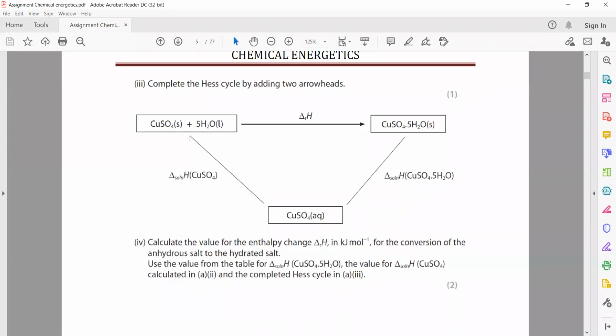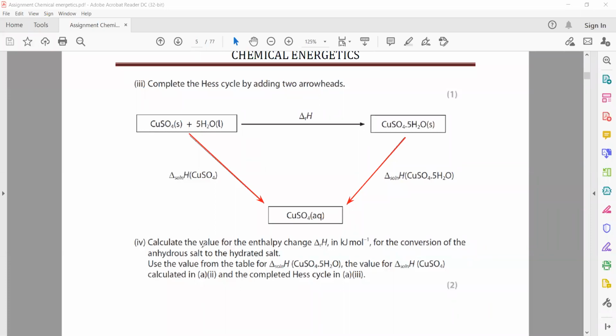So, if we have anhydrous copper sulfate and we add water, it will become aqueous copper sulfate. Or if we have hydrated copper sulfate and we add water, it will also form aqueous copper sulfate. So both arrows should point outward, and the overall energy change is independent of the route.